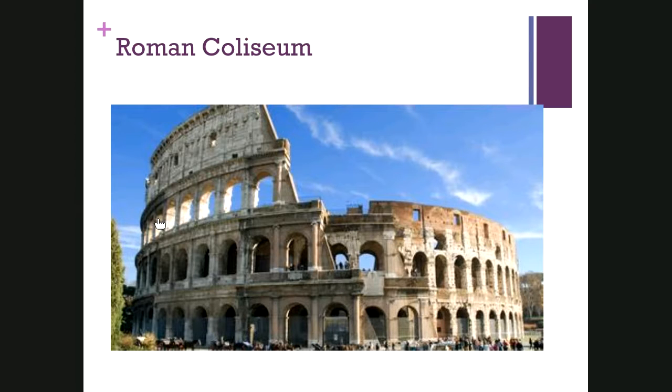And it was the equivalent of our football games today, where people come and watch these sporting events. It was all clad in white marble originally, and it has been recently restored, maybe about 4 years ago, by a wealthy man in Italy. So the Roman Colosseum is something you should know, the repetitive arches going through here.